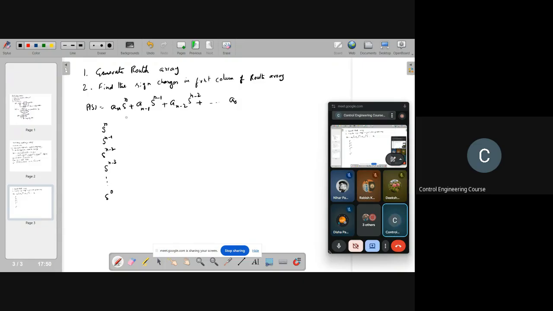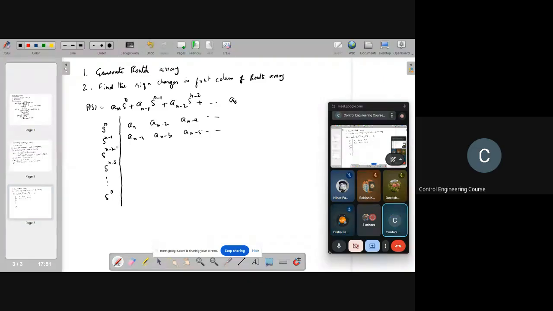Then you arrange the coefficients in the array like this: a n, a n minus 2, a n minus 4 in the first row, then a n minus 1, a n minus 3, a n minus 5.